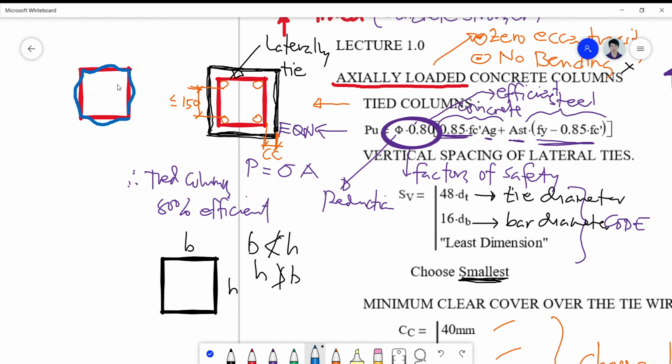Okay, so we don't want to lose confinement of this stirrup on the layer because the tendency for the particles here will be bursting outwards. We'll push it laterally. That's why we have to limit the clear spacing between longitudinal bars, or the main bars.